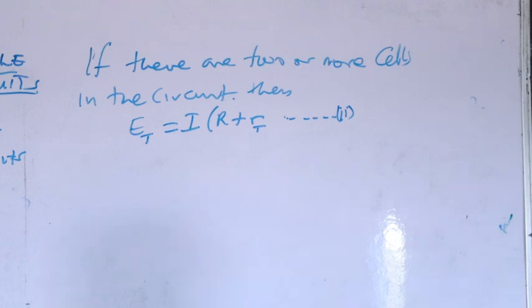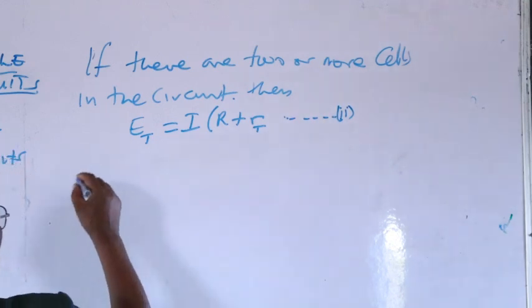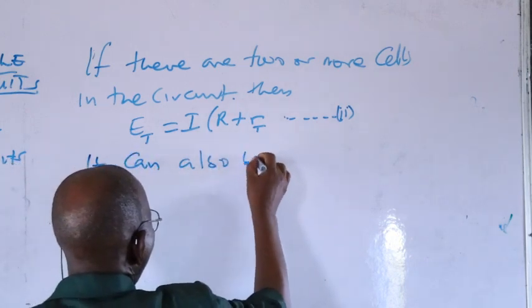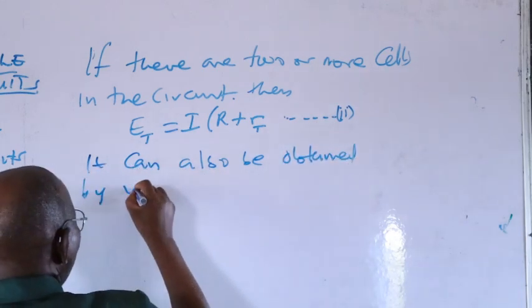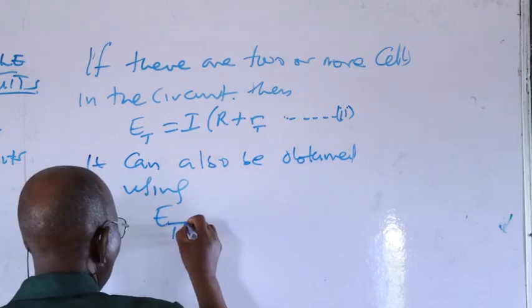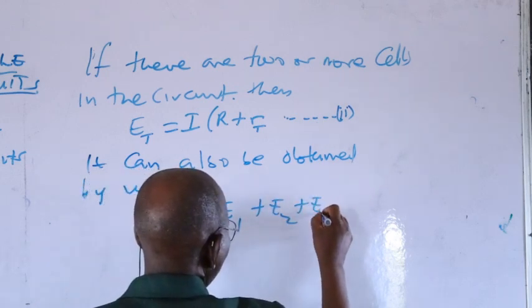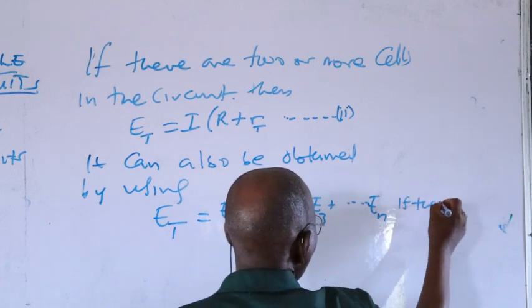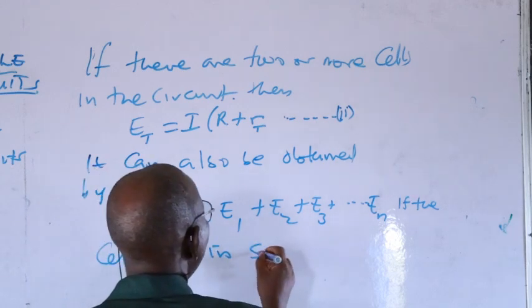We can also express it depending on the arrangement the cells have in the circuit. It can also be obtained by using E total equals E1 plus E2 plus E3 up to En, if the cells are in series.